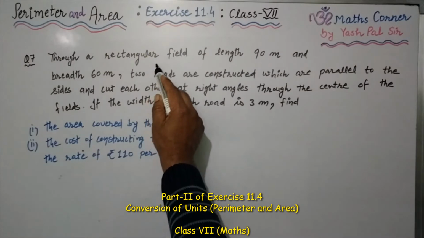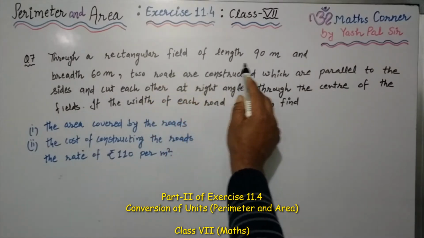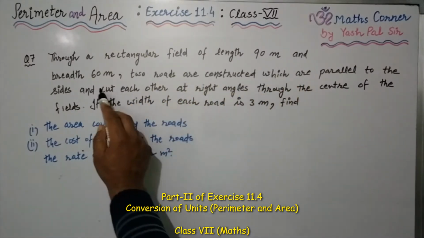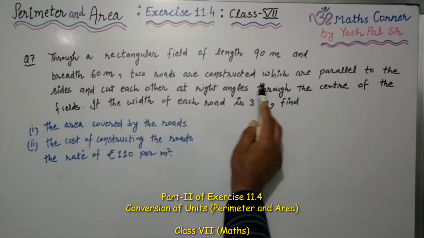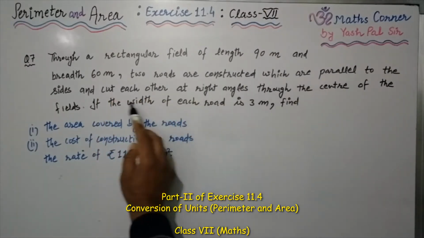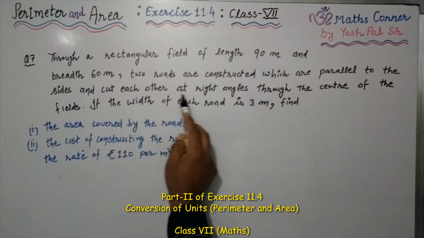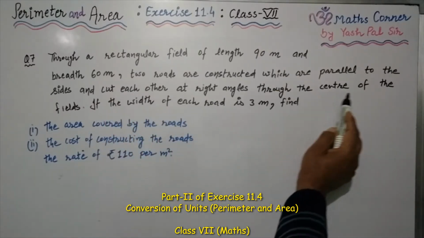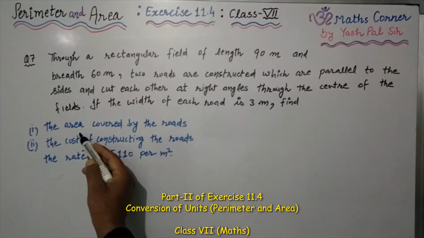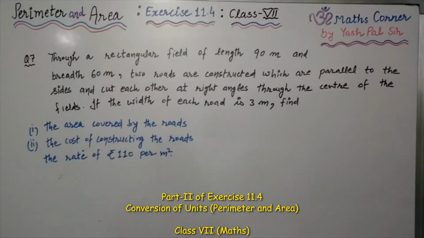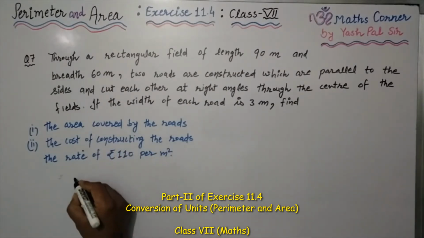Through a rectangular field of length 90 meter and breadth 60 meter, two roads are constructed which are parallel to the sides and cut each other at right angles through the center of the fields. If the width of each road is 3 meters, find the area covered by the roads. So here again we have the rectangular field.